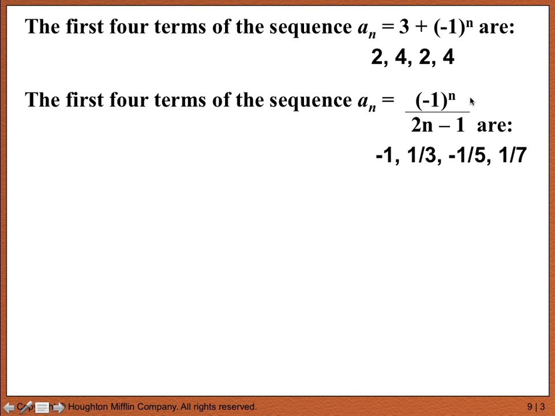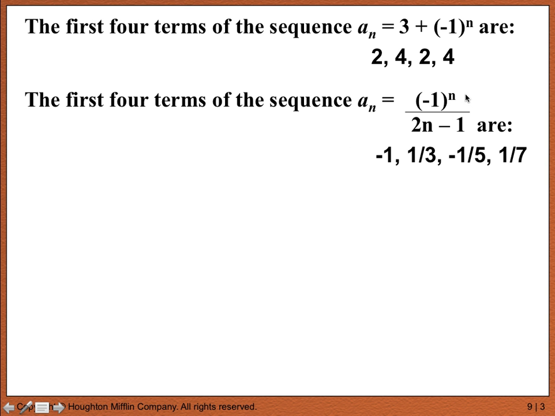So for the first term, I plug in 1 for n, and I evaluate. Well, (-1) to the 1 is -1. Plugging in 1 for n here, I get 2 times 1, and 2 minus 1 is 1. So -1 divided by 1 is -1.